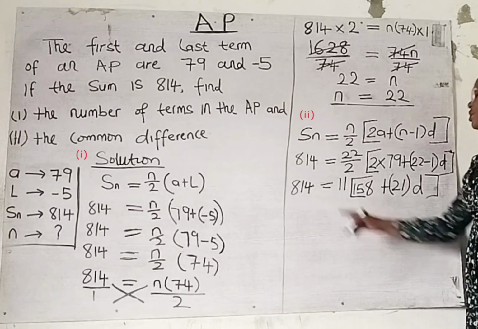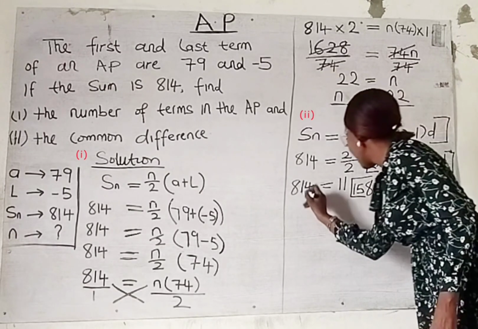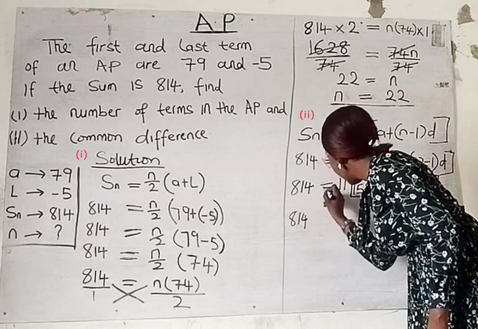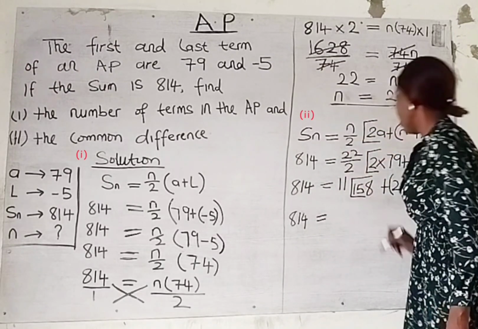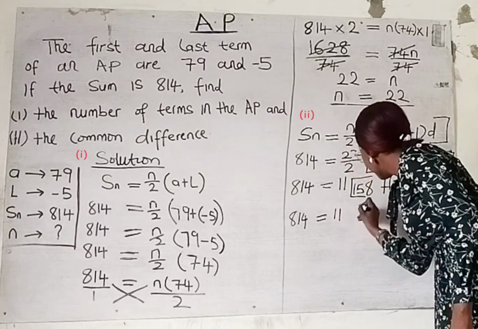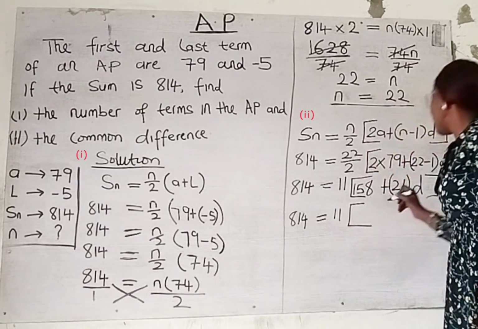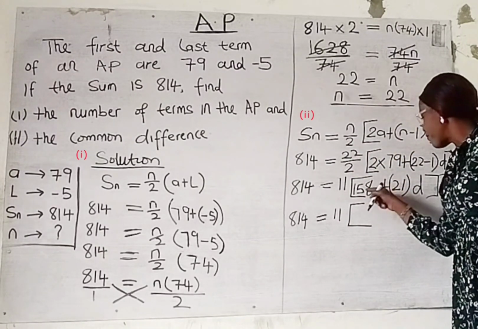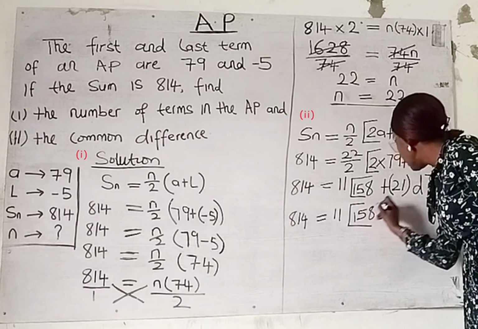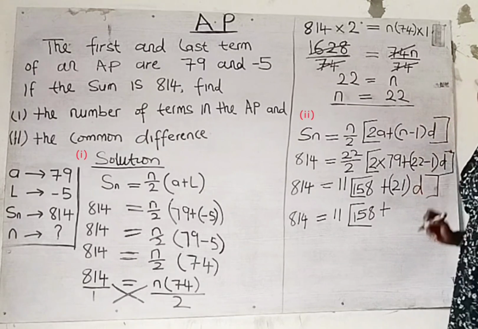We continue. Carry down our 814. 814 is equals to, carry down the 11. 11, open this bracket and still write down 158 plus what?